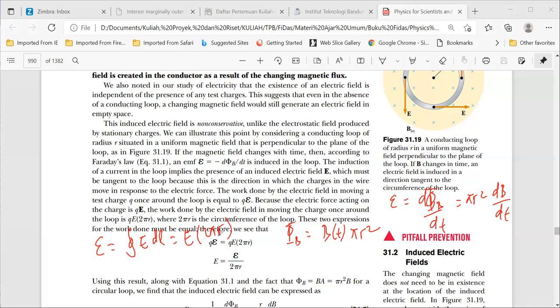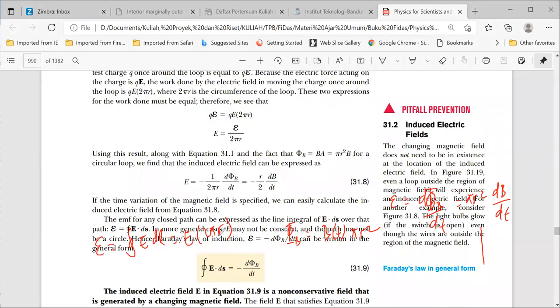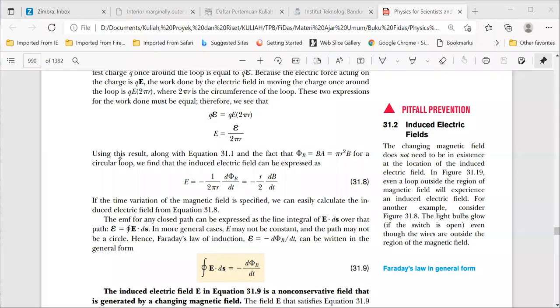So it means we could express this induced electric field as a function of the derivative of B.